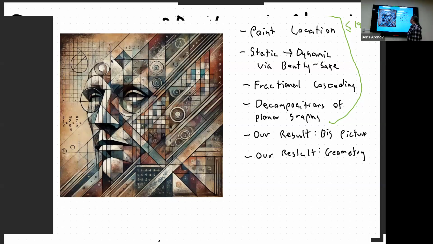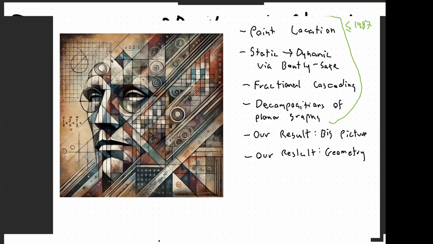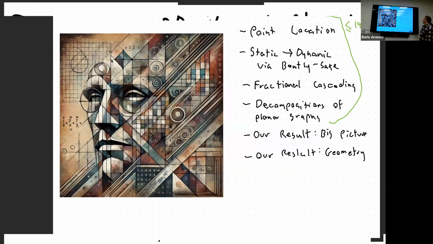The old pieces include standard point location, static to dynamic transformation using Bentley-Saxe, fractional cascading, and decompositions of planar graphs, including sampling. I'm going to try and show these various pieces, but the cute thing about this whole thing is it depends on one stupid geometric fact, which is very stupid, but is hard to believe.